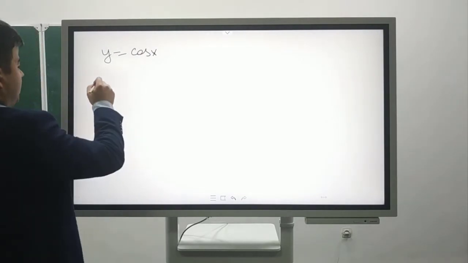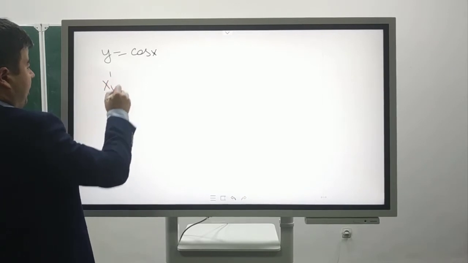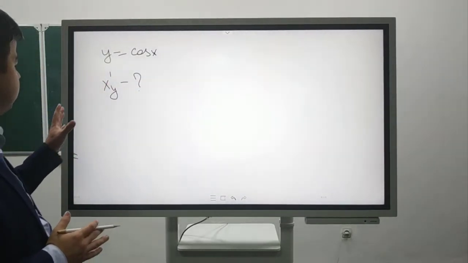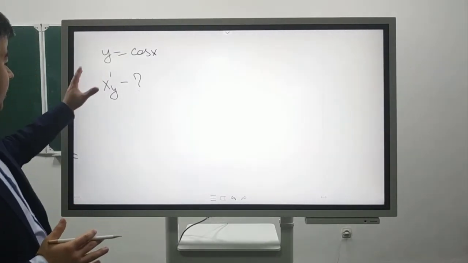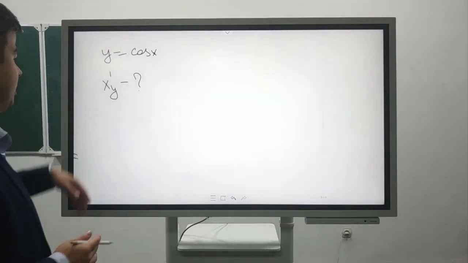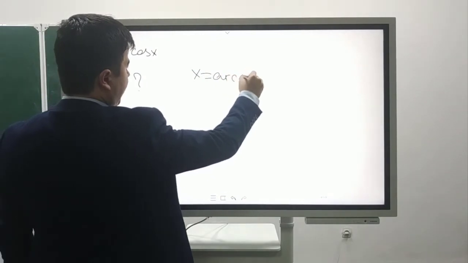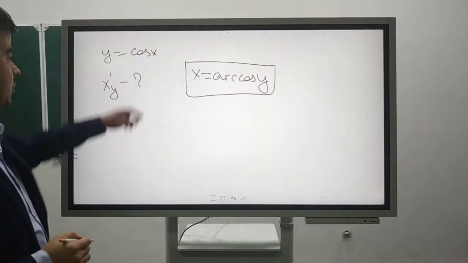Find the derivative of the inverse function depending on y. To define the derivative of the inverse function, we need to find the inverse function to cosine x. It is x equals arc cosine of y. So this is the inverse function to this function.